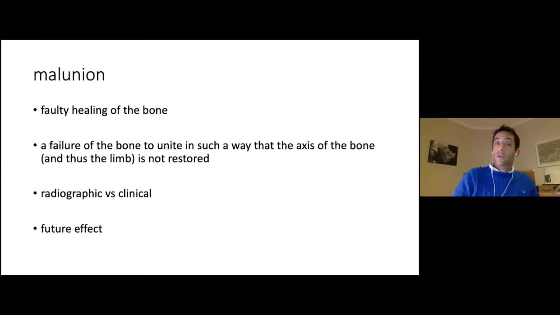And of course, the impact of that may only be radiographic, or there may be a clinical and functional component, or the potential for a future problem. So a varus malaligned tibia that doesn't cause any symptoms or functional limitation now may lead to premature joint disease in the future. And so there's a consideration there to be had.